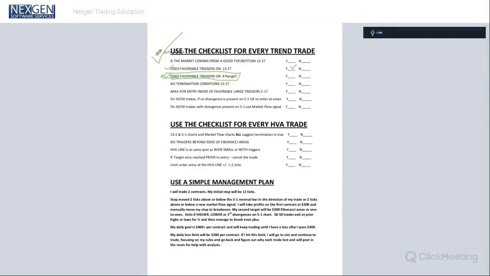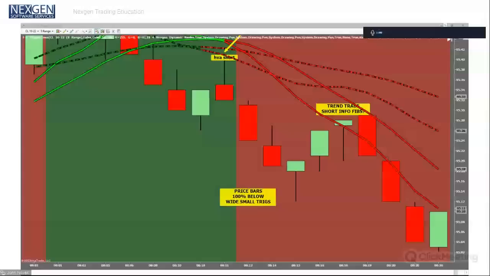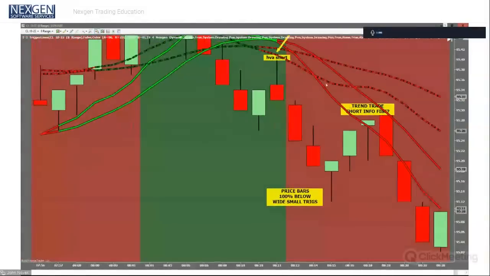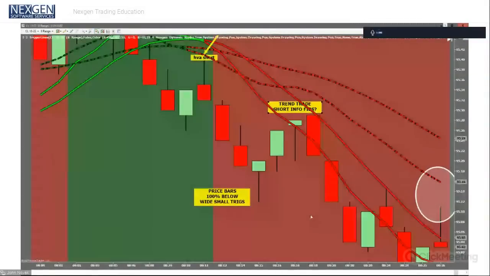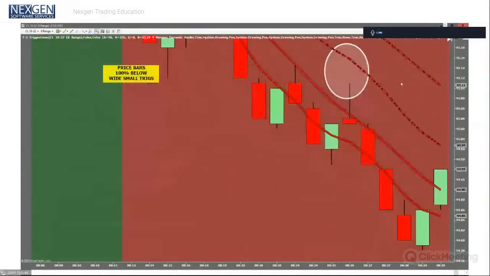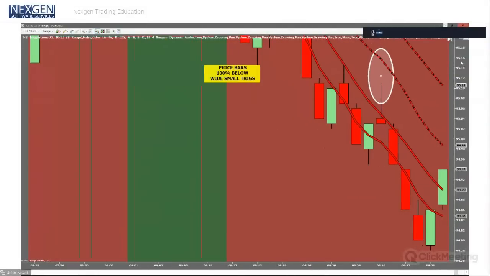So let's go forward and figure out when we don't have odds favorable. Is that another cool thing? Let's try that. So here, I think we have odds favorable triggers for your high volume area short. Here, I think we have really good odds favorable triggers for a trend trade short. Here, I think we have odds favorable triggers again for another short.